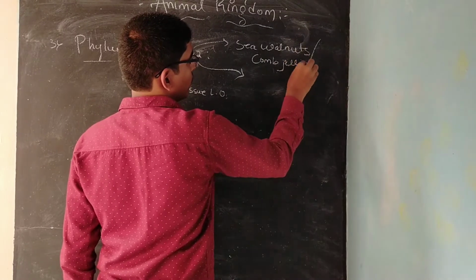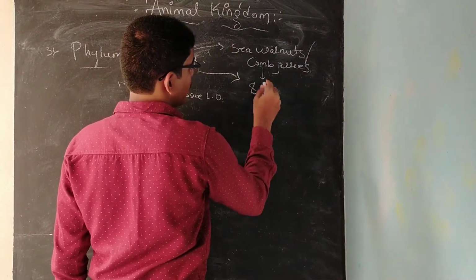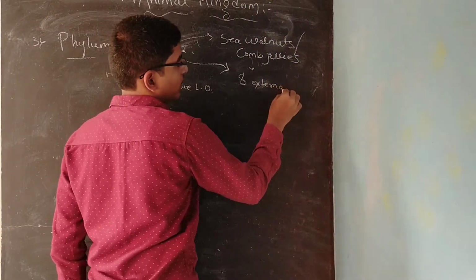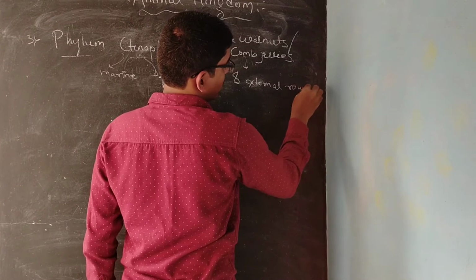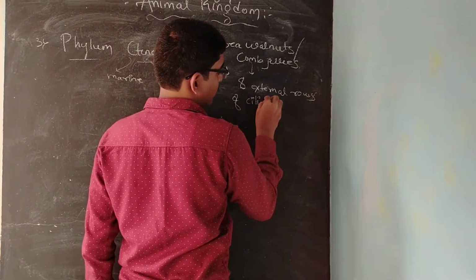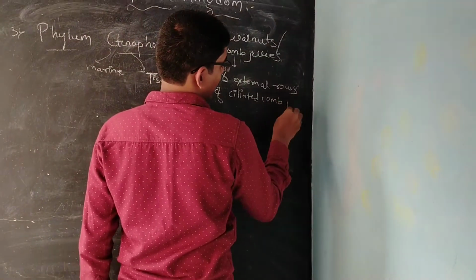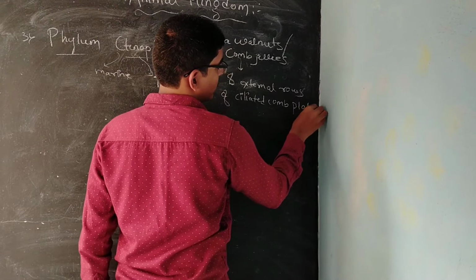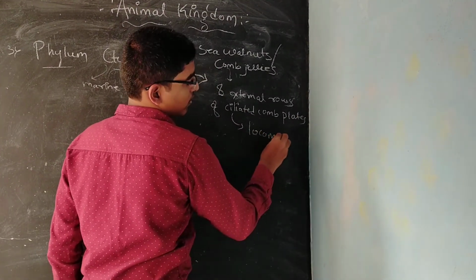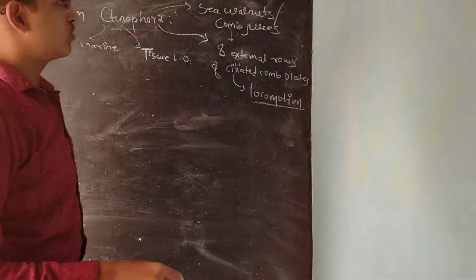Why are they called sea walnuts, comb jellies? Because they have 8 external rows of ciliated comb plates. You know, cilia means locomotion. So their unique character is presence of comb plates, and their function is in locomotion.